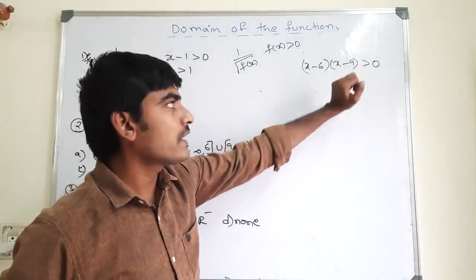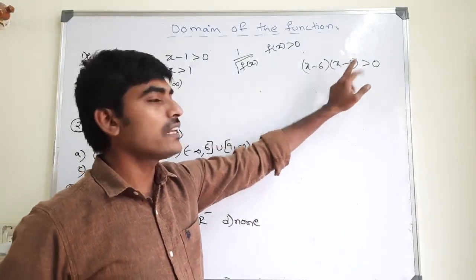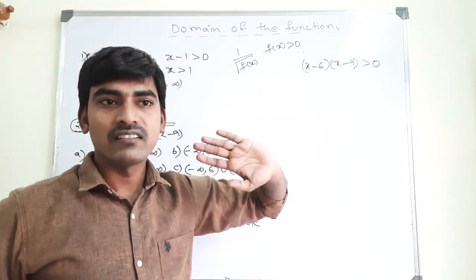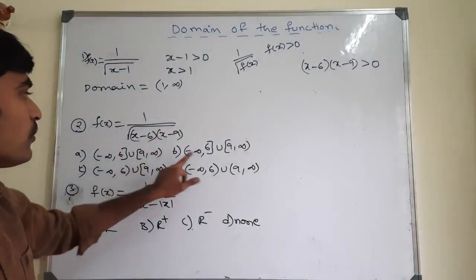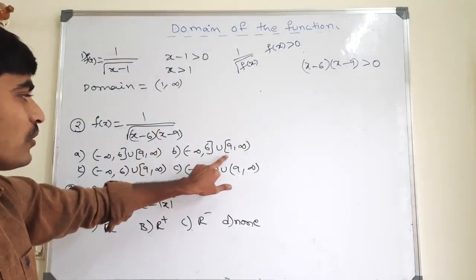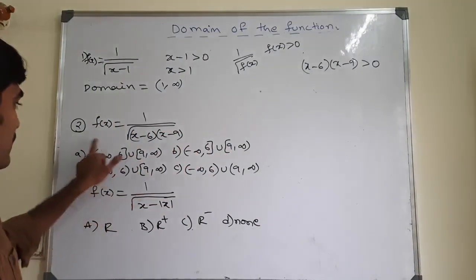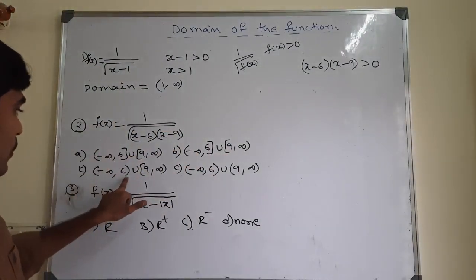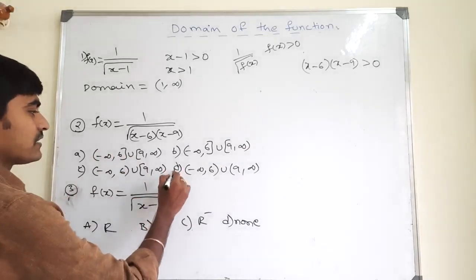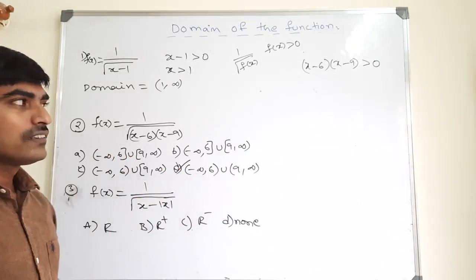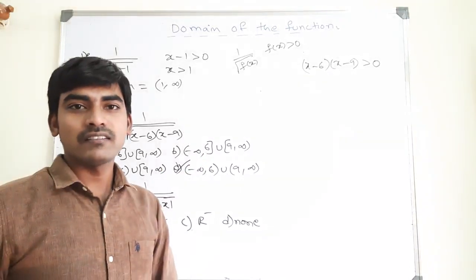See, if it is just greater, 6 and 9 will never be included. That means closed brace we won't get at all. See, closed brace, wrong option, closed brace, wrong option. This is open, but this is closed, wrong option. Open, yes. Option D. Success.